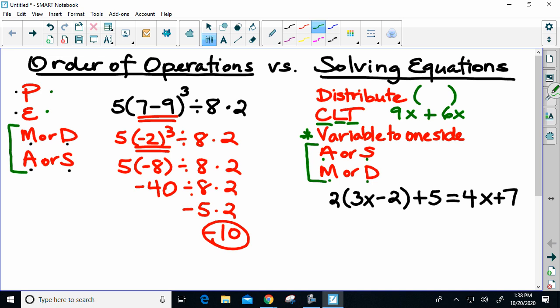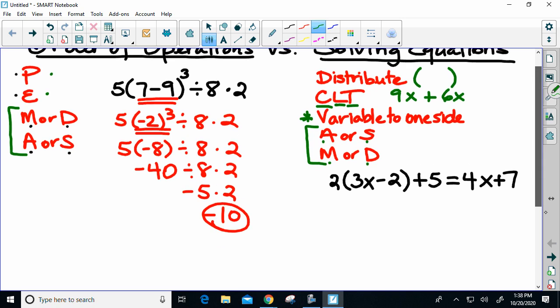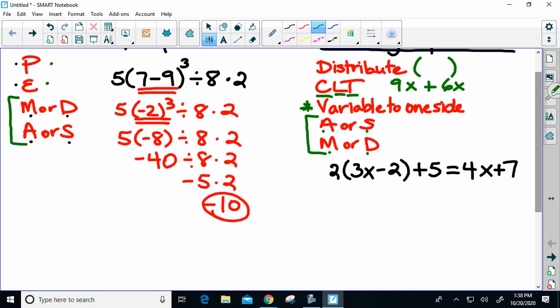So if you see the equation that's written here as an example, first you distribute. Then you combine your like terms. So negative 4 plus 5 is positive 1.